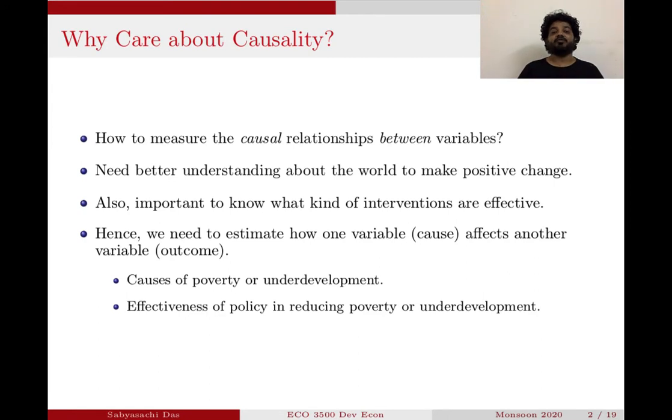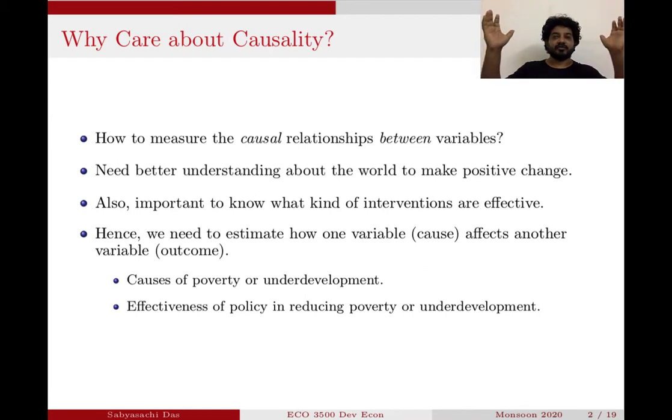So we really need to understand better what's happening in the world, what the important forces at play are that give rise to certain phenomena we may be interested in studying, and without understanding them properly, we may not be able to make positive steps.